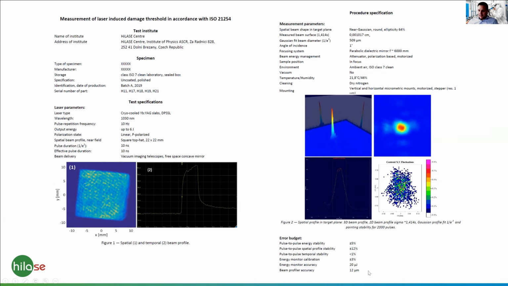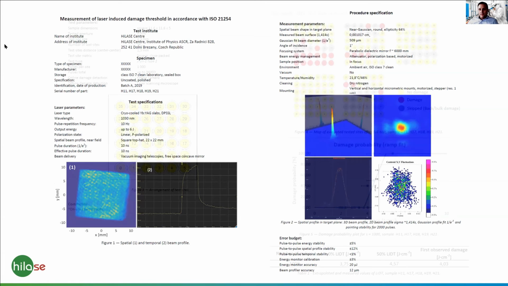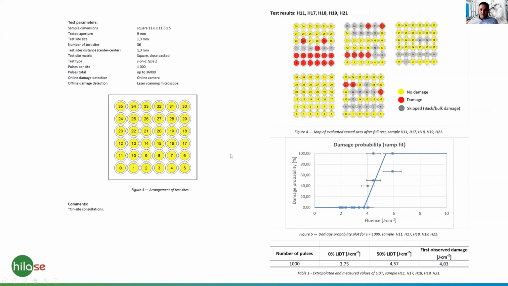Also quite important is the error budget, which tells you the error level of the results you are providing. Then the test parameters themselves, which tell you the surface and the tested position distribution. Then the indication of the damage status after the test of specific samples, and finally the damage probability ramp fit.